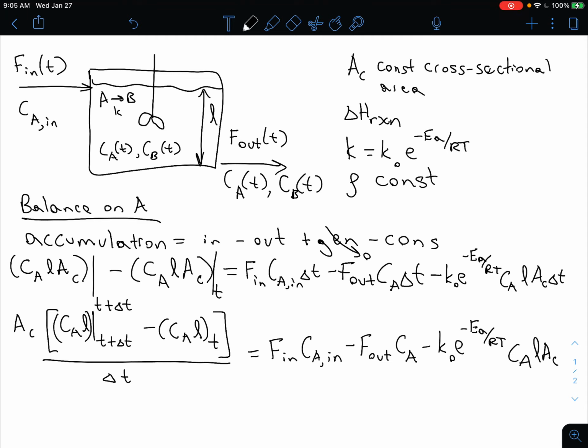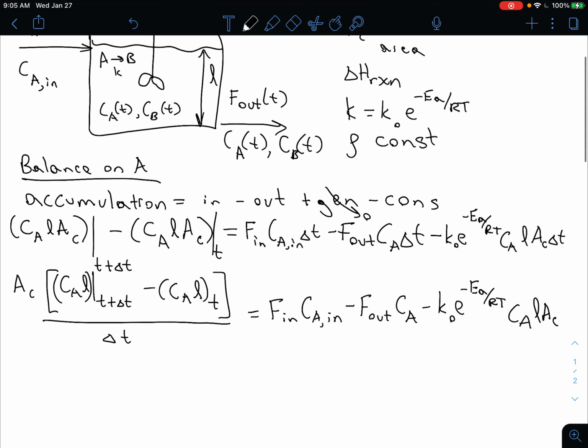So now the next step is going to be to take the limit. So I'm going to take the limit as delta T goes to 0.